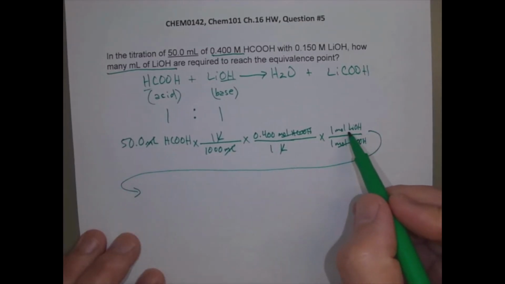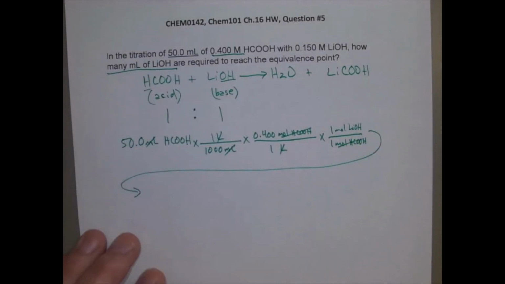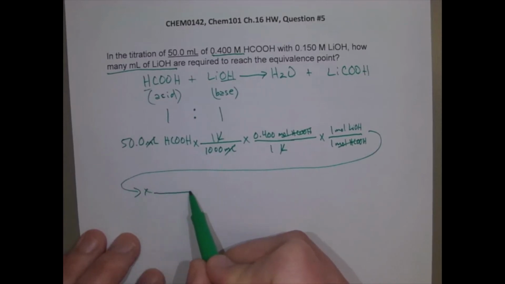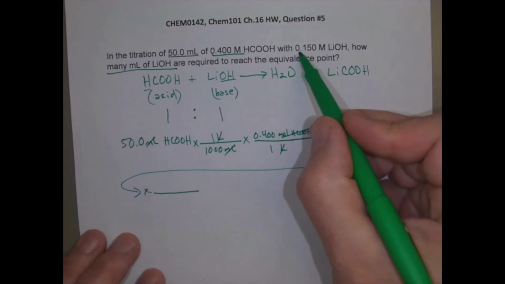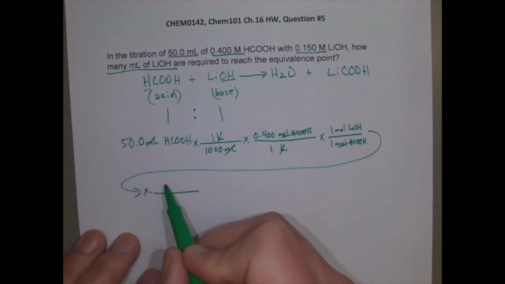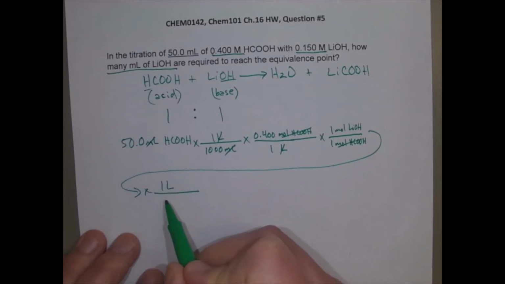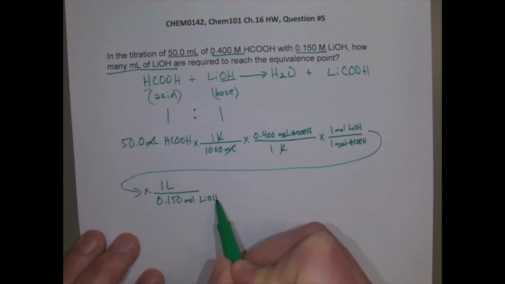So right now my units are moles of lithium hydroxide, but I want to know how many milliliters of that lithium hydroxide solution are required. So I can use the molarity of that solution to convert between moles and volume. The molarity of the lithium hydroxide is 0.150. So what that means is in every 1 liter, I have 0.150 moles of lithium hydroxide.